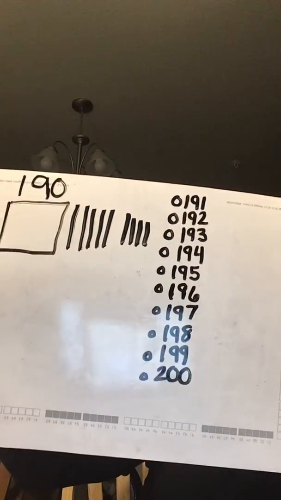193, 194, 195, 196, 197, 198, 199, and then 200. When you are done, it should look like this.